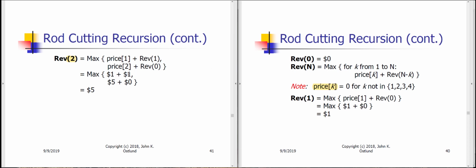That's $1 plus $1 is the first possibility. The second possibility in our loop is that we make the cut at 2 feet, that is at the end of the 2 foot piece of rebar. We can get $5 for that 2 foot piece of rebar, and of course $0 for the remaining 0 feet. And those are our two possible values of k. We can make our first cut at 1 foot, we can make our first cut at 2 feet. And we can see that the maximum revenue we can get there is $5.